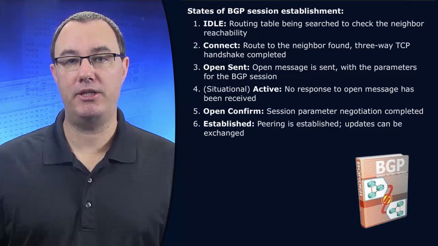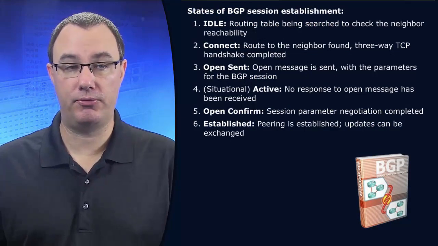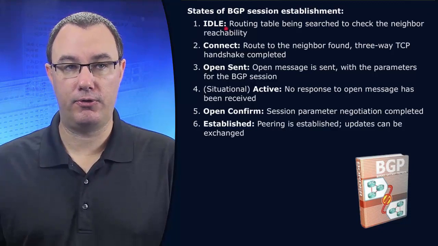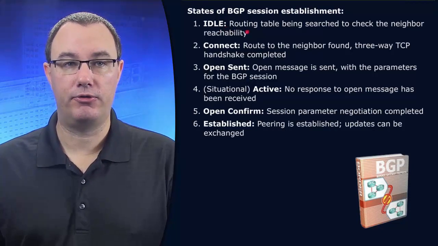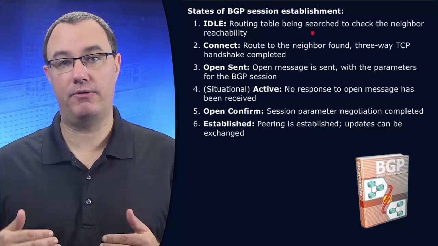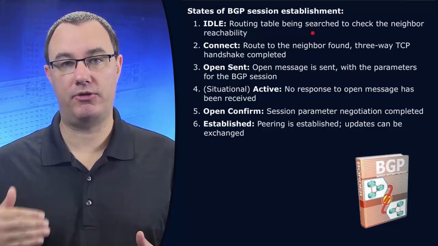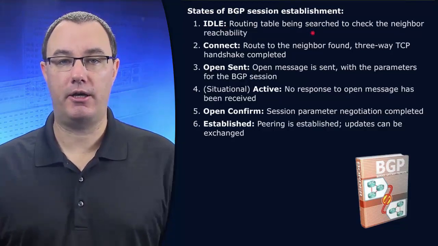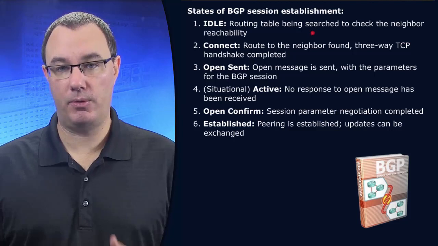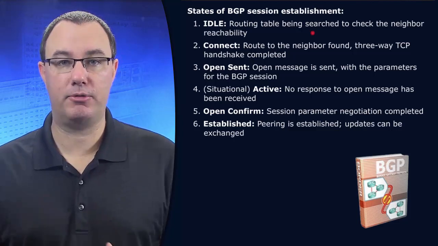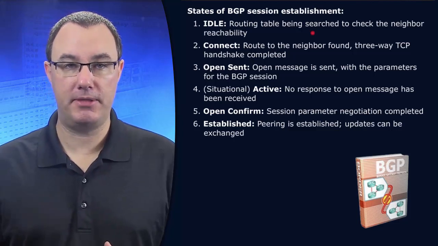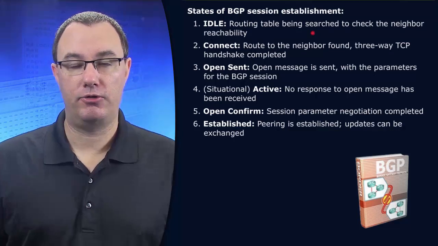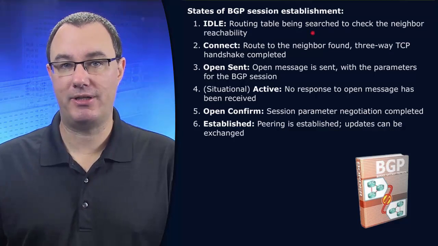When we look at BGP neighborship, it goes through these processes, these steps. First is idle. So what we're doing is we're looking at our configuration, and we have neighbor statements that point us to another router that we want to form a unicast neighborship with over BGP. So we're going to have to know how to reach that IP address, so we look at our routing table for that.